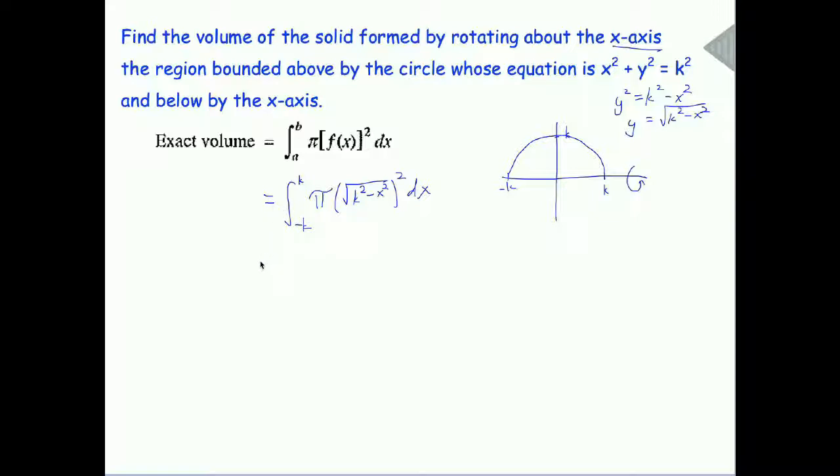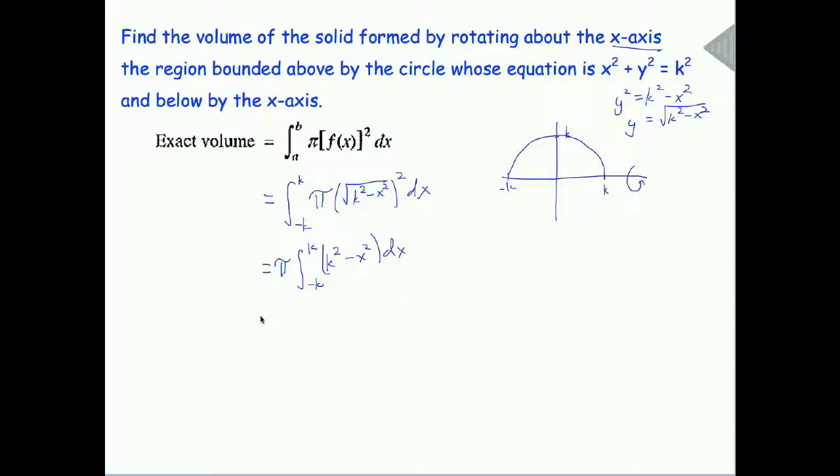And so let's bring the pi out here. We got negative k to k. The squared cancels with the square root, so we have k squared minus x squared dx.